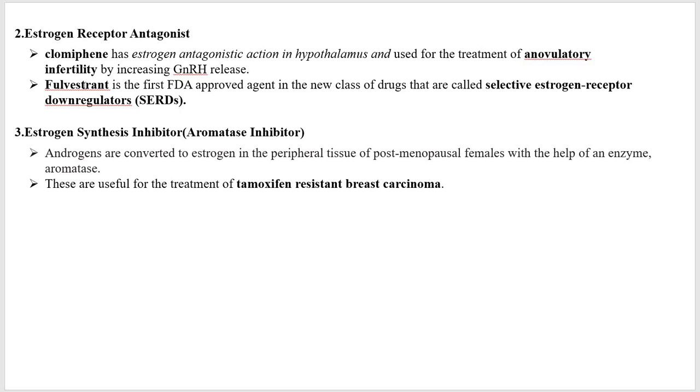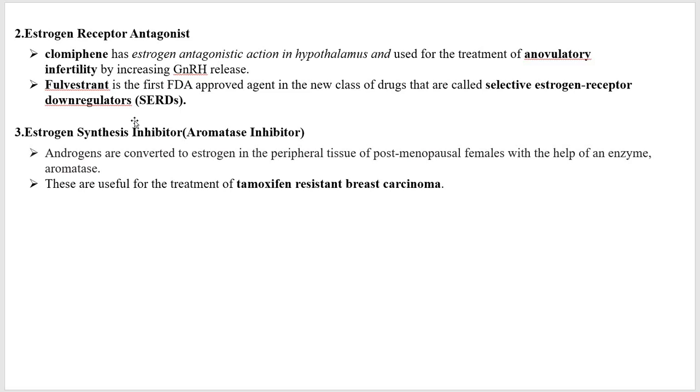And fulvestrant is the first FDA approved agent in a new class of drugs called selective estrogen receptor down regulators, means they lower the level of estrogen. Because of that, they are called selective estrogen receptor down regulators.